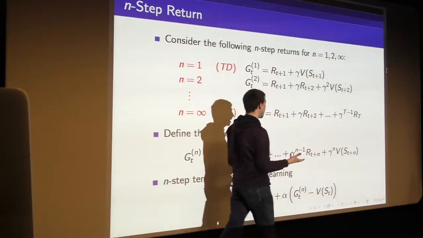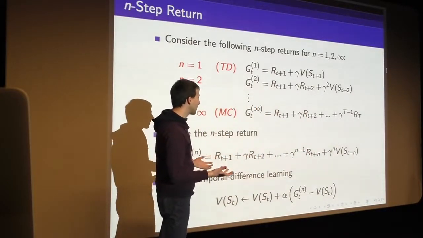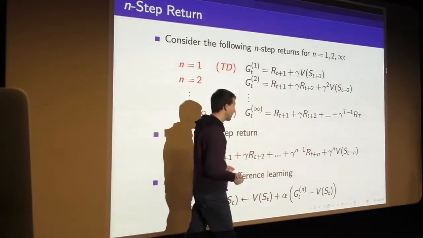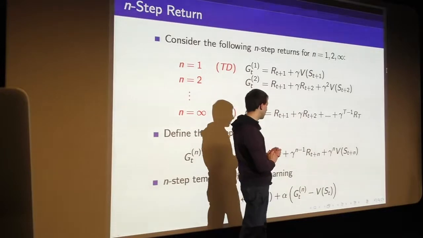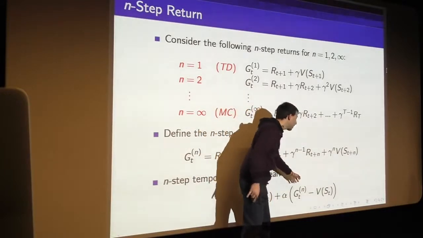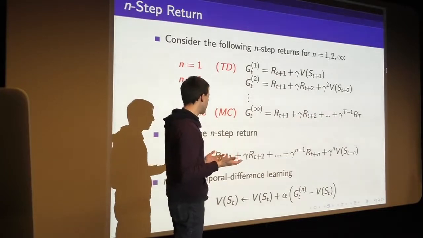And we can use that as our estimator. And we can plug this in the same way that previously we took our Monte Carlo estimate and we plugged in our TD0 target in place of the actual return. Now we're going to plug in our n-step return as our target. So what's this telling us now?